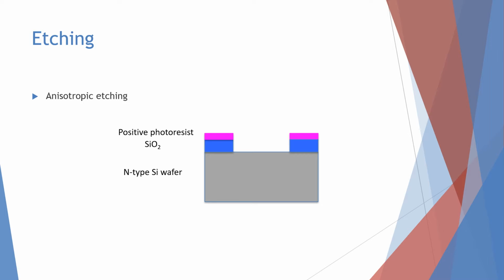This is an example of anisotropic etching to produce the N-type Si wafer. Here is the etching area, which is already etched, and this is the N-type Si wafer.